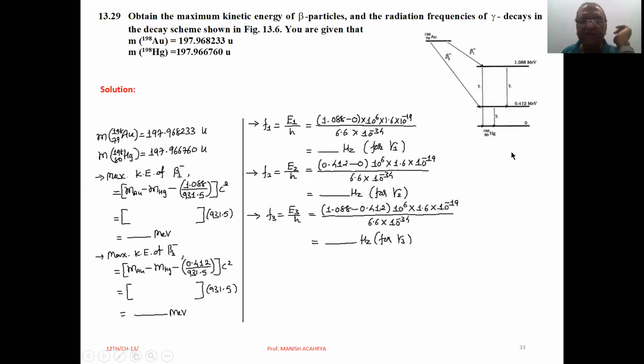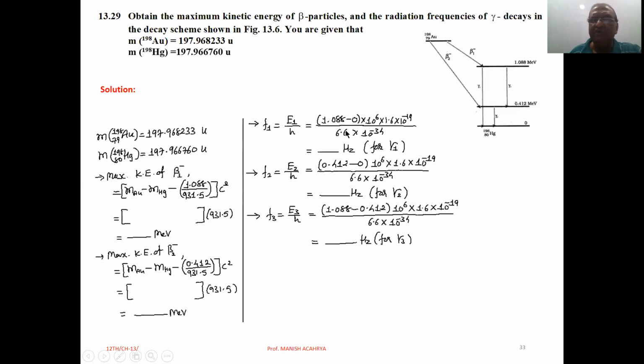This same radiation will be obtained, because it depends on energy differences only. So frequency F1 is E1 by h. First energy difference, 1.088, from that to the ground state. The ground state energy given to you is 0.